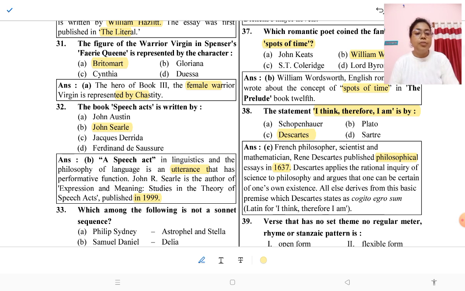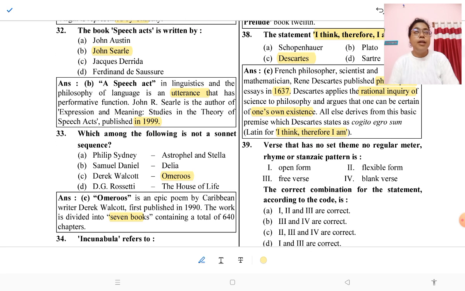Descartes applies the rational inquiry of science to philosophy and argues that one can be certain of one's own existence. All else derives from the basic premise where Descartes states this line, which is in Latin: "I think therefore I am."